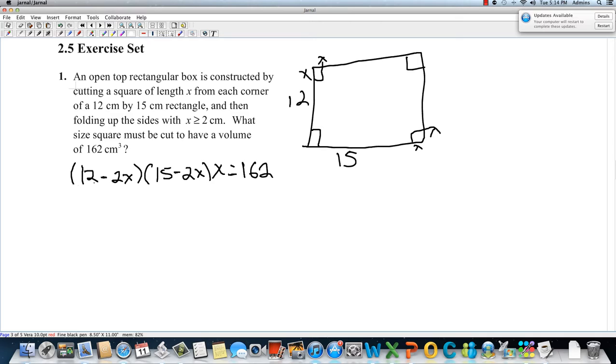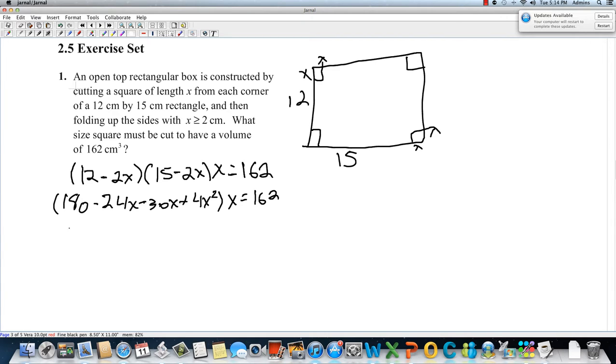So we're going to want to FOIL out our first two terms here, and we get 180 minus 24x minus 30x plus 4x squared, still in the bracket, all this multiplied by x equals 162. For our next step, we're going to distribute the x into this term, and move the 162 across and set the equation equal to 0.